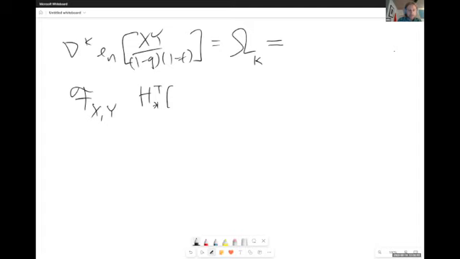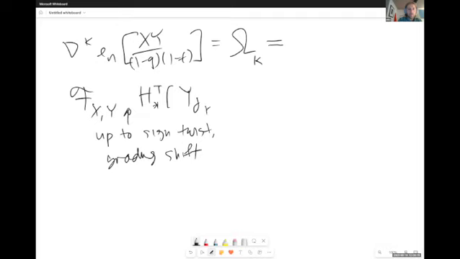Up to a sign twist and a grading shift, it's equal to the equivariant Borel-Moore homology of a certain space I was calling y gamma k plus.